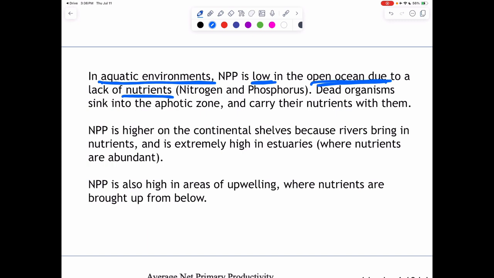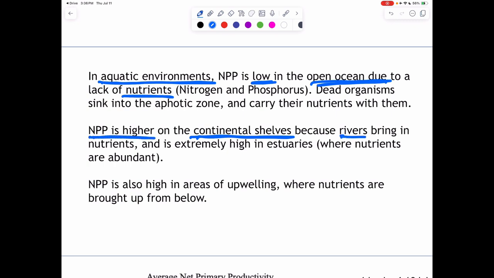All of the dead organisms are sinking to the bottom and carrying their nutrients with them, so there's not a lot available for growth and continued photosynthesis. However, on the continental shelves, by the beaches, very close to land, our NPP is going to be a lot higher.